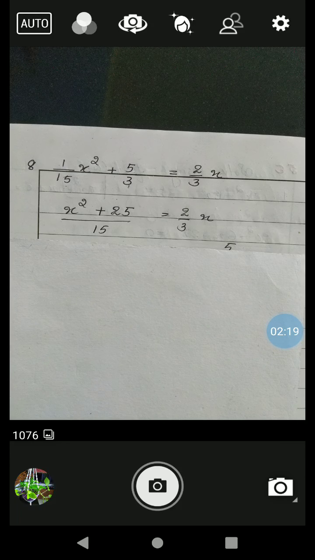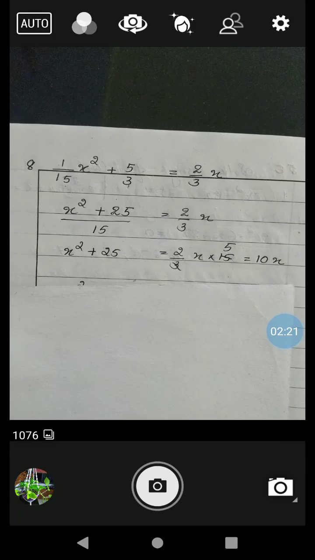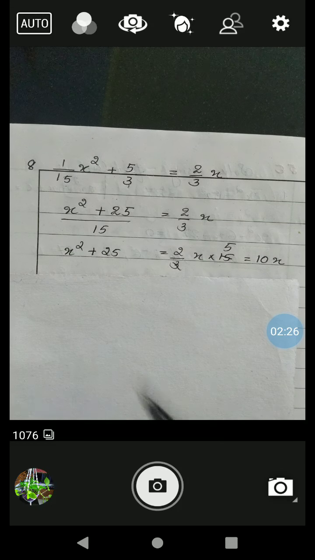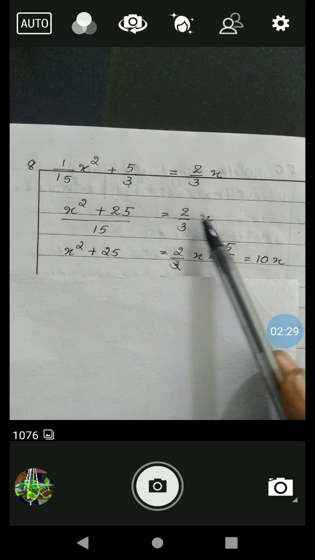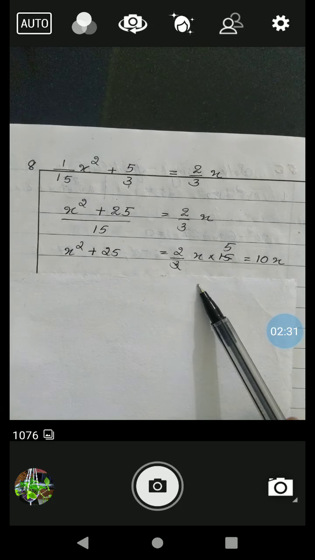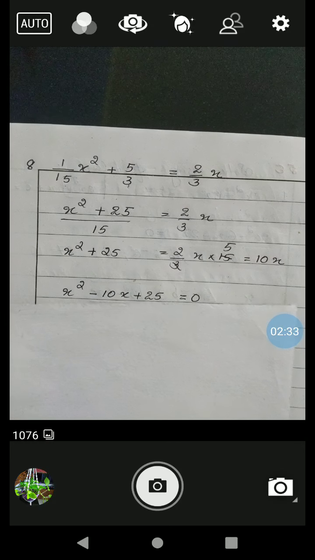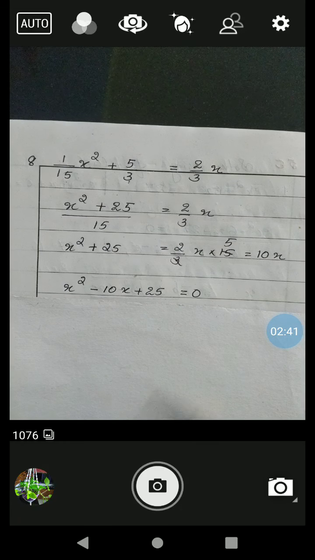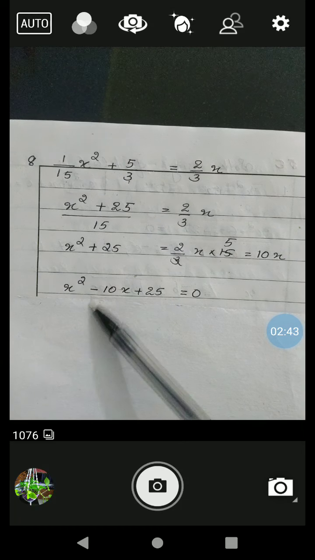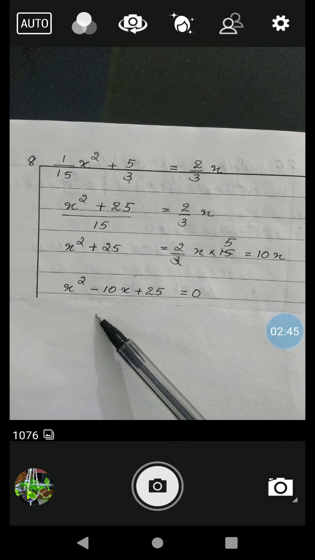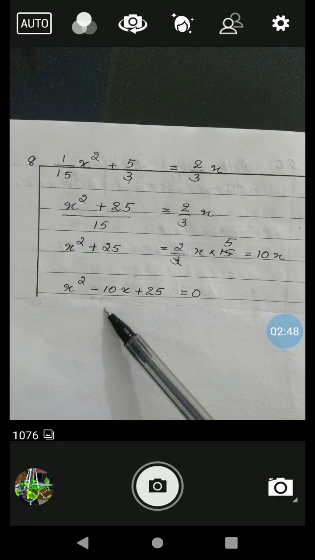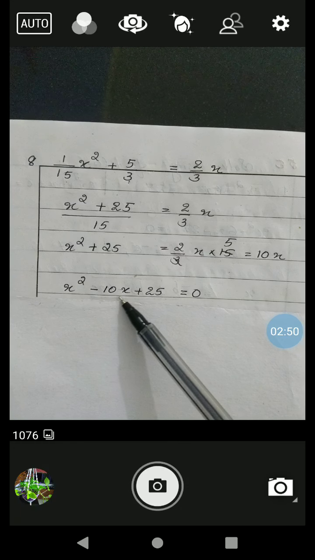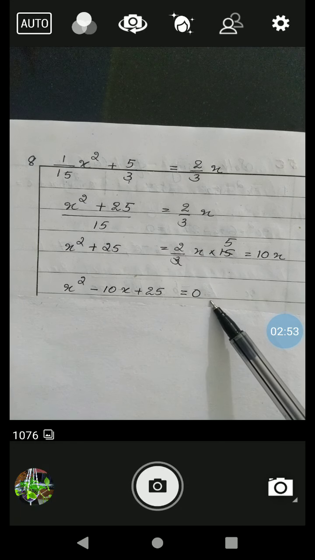Cross multiply. Or here transpose 15 to the other side. Then it becomes x square minus 10x plus 25 is equal to 0. Now this quadratic equation is in the form ax square plus bx plus c equal to 0.